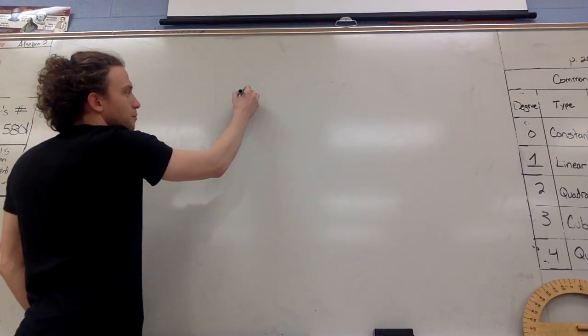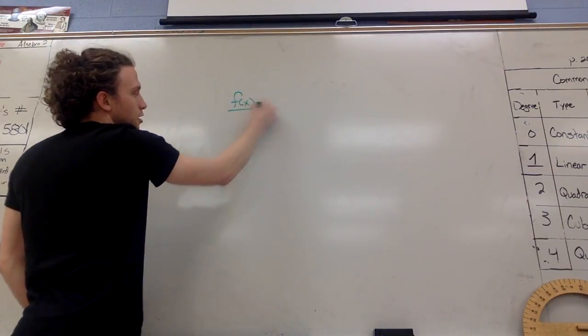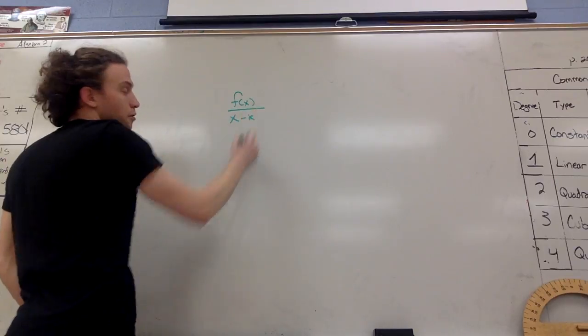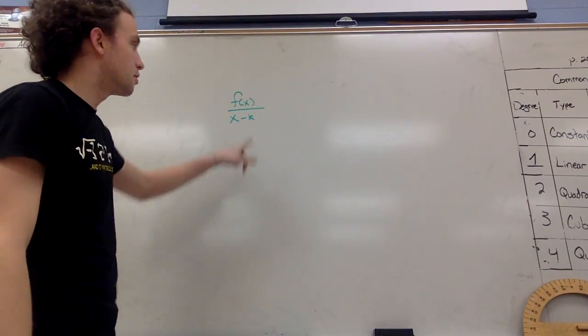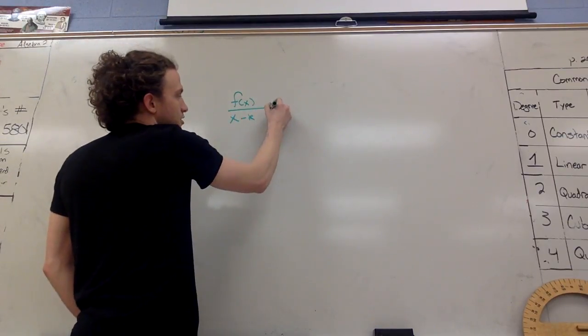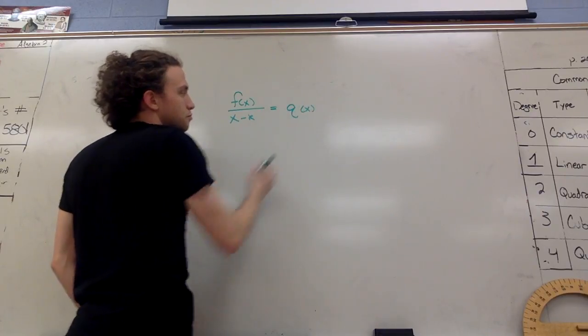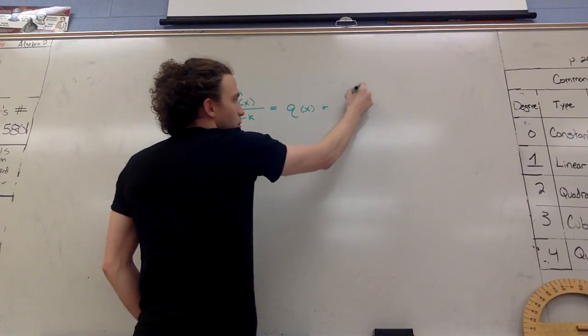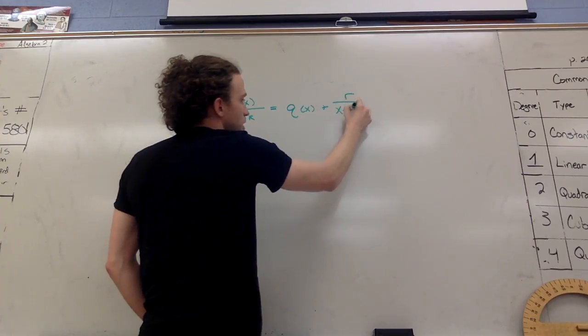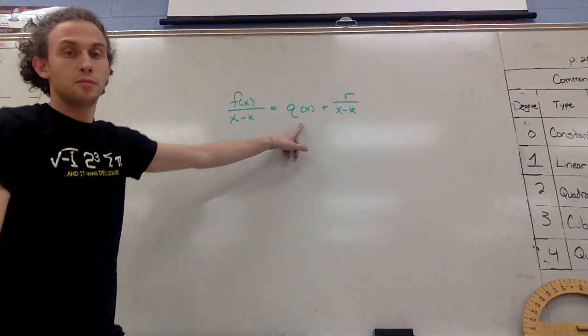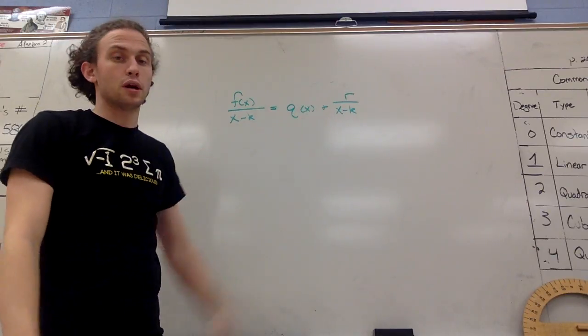So if I have some f of x, some function that I'm dividing by an x minus k, which is what we've been doing for synthetic, x minus k. And I set that equal to my quotient plus my remainder over my x minus k. So this was my answer plus my remainder. Okay, that's fine.